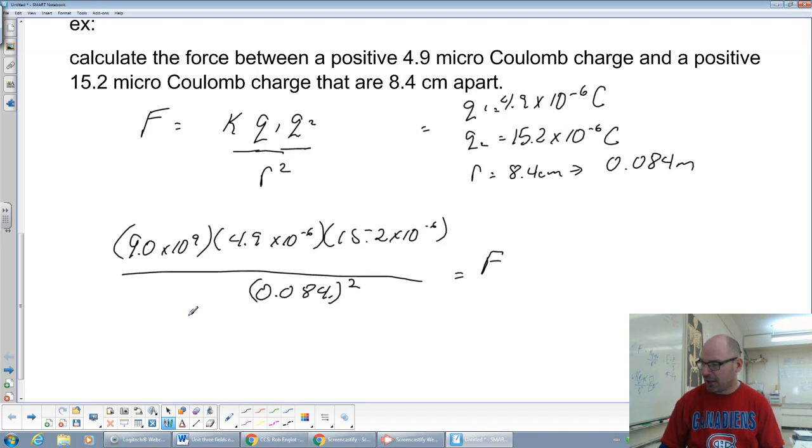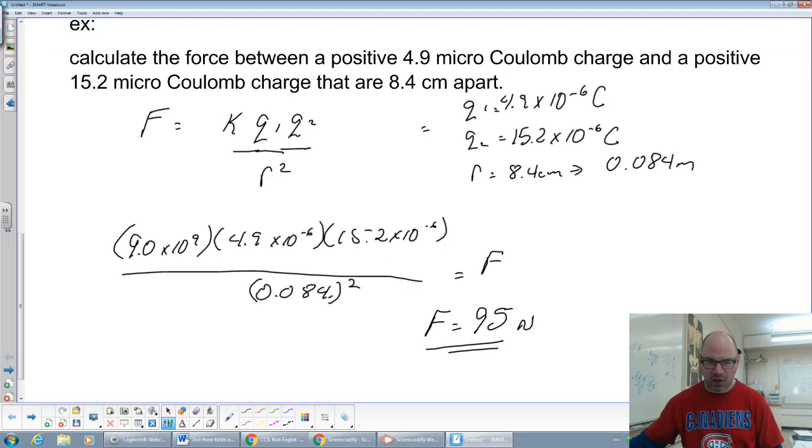So we get about 95 newtons. Okay, so there'll be two of those. One will be finding force more than likely. One will be finding either the other charge or the distance more than likely. Okay, so manipulating Coulomb's equation will be important for number 3.